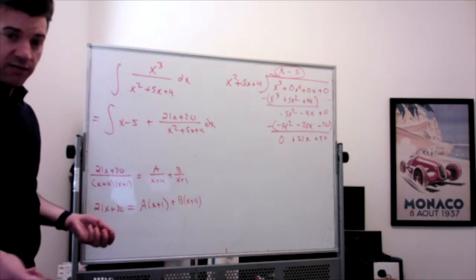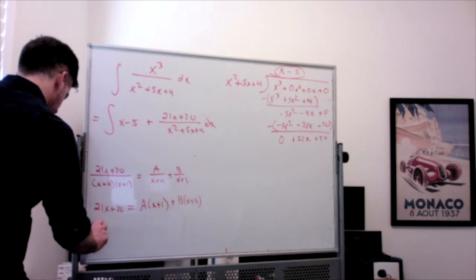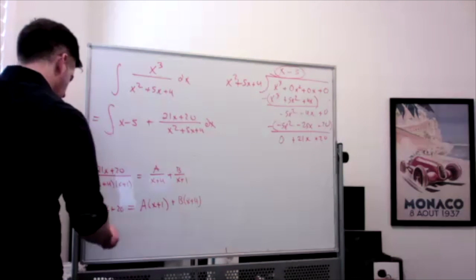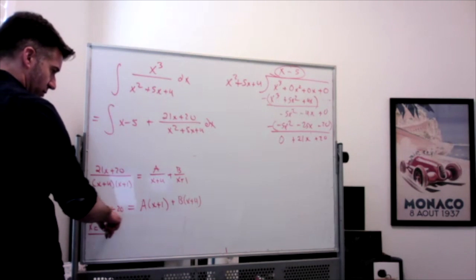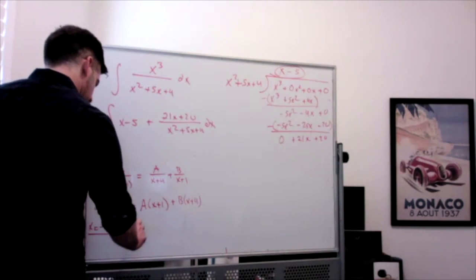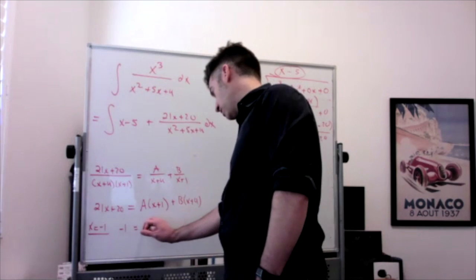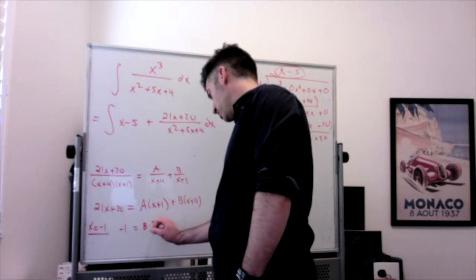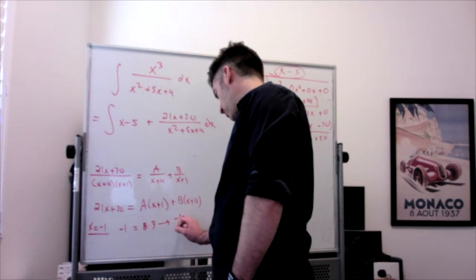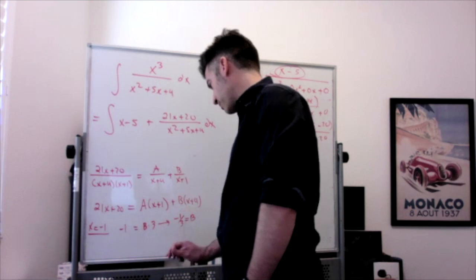Let's pick some convenient values. If we pick x equal to -1, on the left side, we get -21 plus 20, which is -1, equal to a times 0 plus b times 3. So you're going to get -1/3 equal to b.